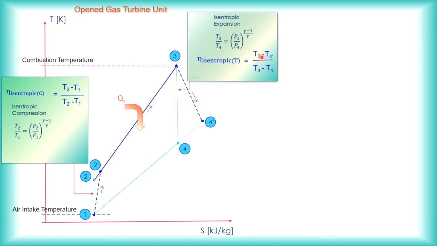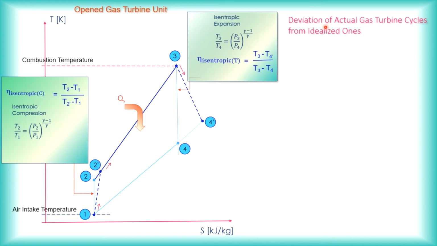We have CPG (T3 minus T4 prime), which is the actual work output, divided by the theoretical work output, which is CPG (T3 minus T4). CPG will be struck off because it is common to both the numerator and the denominator, so you can neglect it, or if you want to include it, you can. This is again an isentropic process, so you can use the P, V, T relationship to find T4. Once you know T4, you will be able to find T4 prime.